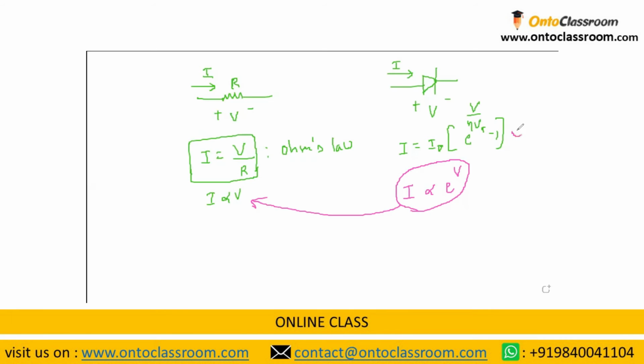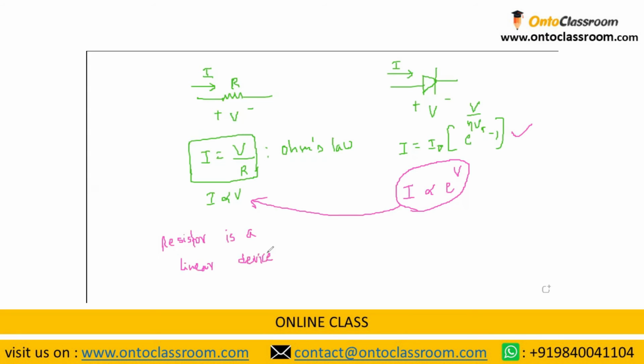So this is the relation we are getting for a diode. Therefore, the conclusion is that resistor is a linear device.